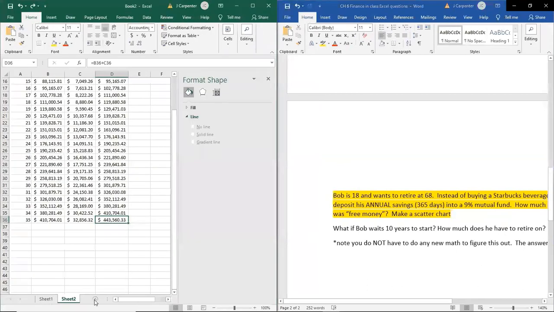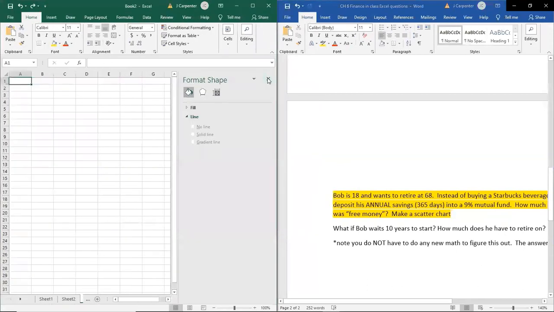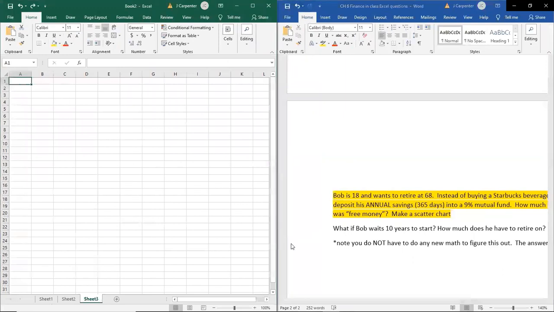All right, new page. Now, this one is going to look a little different in a couple of ways. Let's go year, starting amount. We're no longer just putting money in and leaving it there. We're adding to the pile.